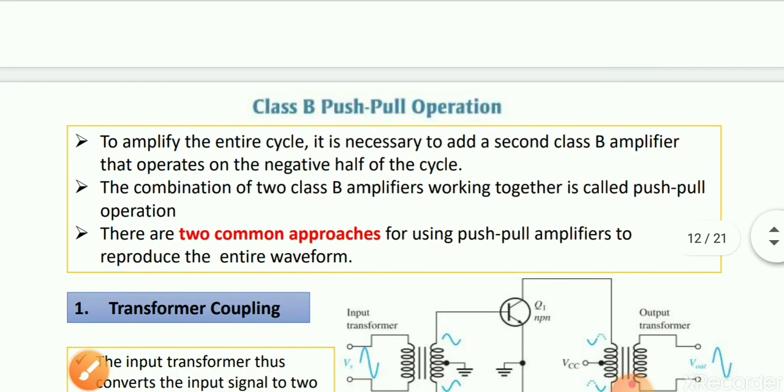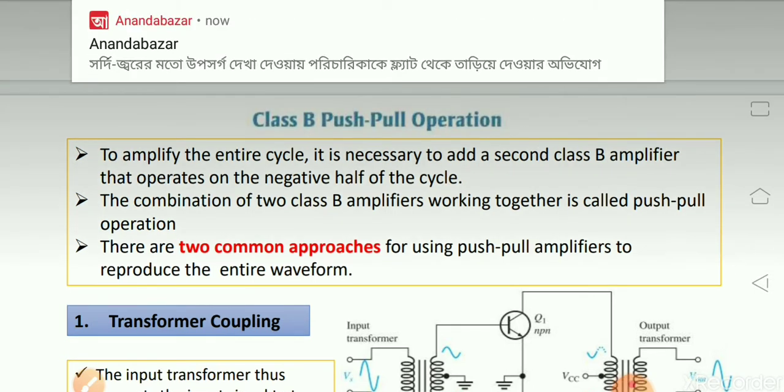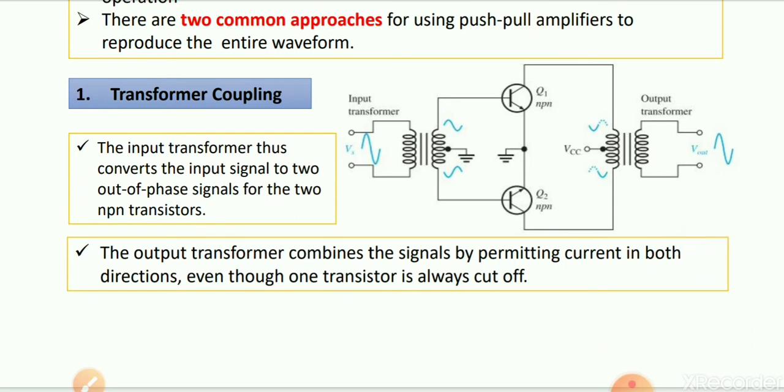For the class B push-pull type of amplifier, two common approaches are combined to get the desired output. An example is the transformer coupling, where two transistors, Q1, an NPN type of transistor, and Q2, also an NPN type of transistor, are connected, and the output comes out from the transformer secondary coil.